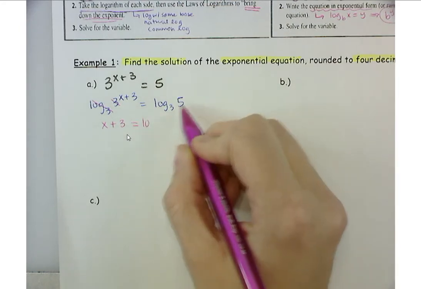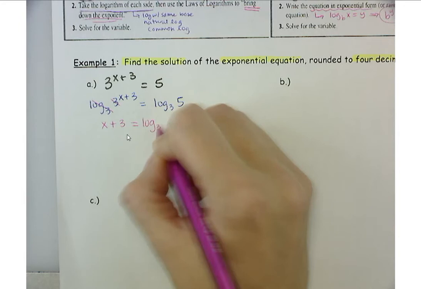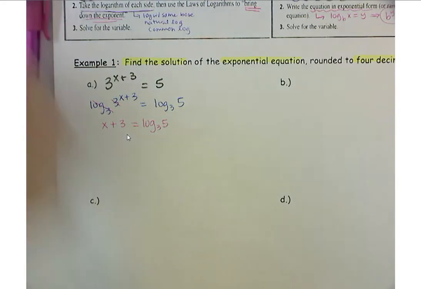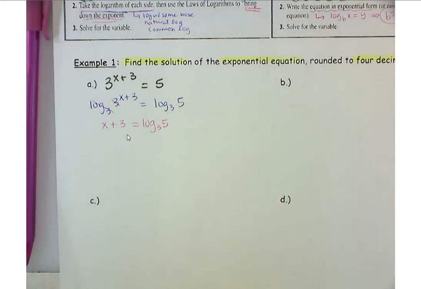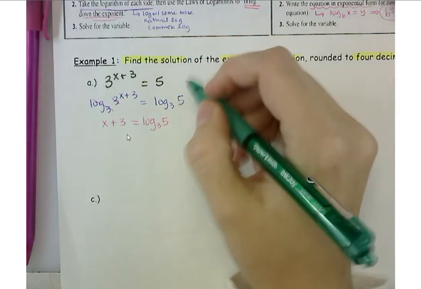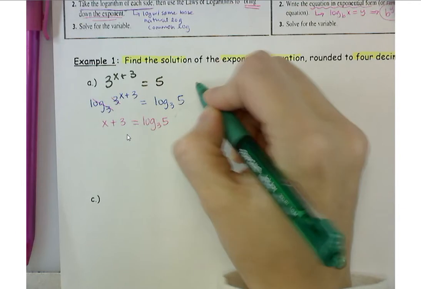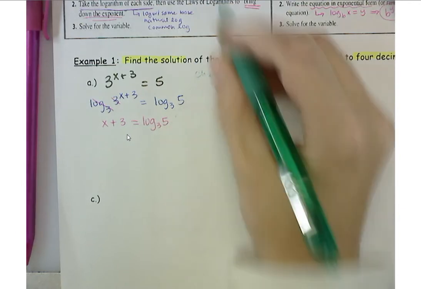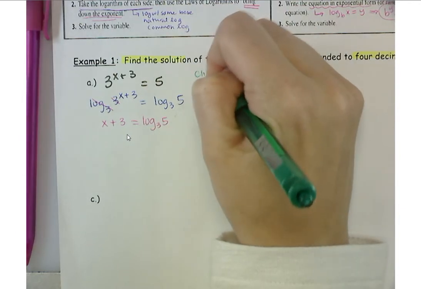To evaluate log base 3 of 5, we can use... do you guys know the equation from yesterday? Yep, so we are going to use the change of base. We're going to just write what the change of base is.